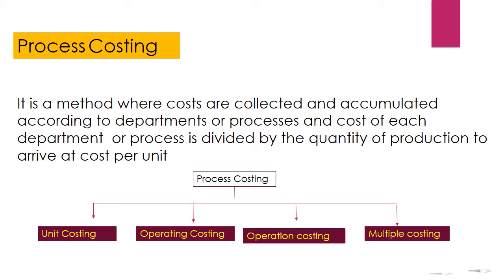Operating costing. This method is applicable to undertakings that render services. This is used to determine the cost of rendering services by airways, railways, road transport, hospital, powerhouse, etc. For example, transport companies interested in knowing the cost of carrying 1 ton of goods per kilometer or cost of carrying 1 passenger per kilometer.